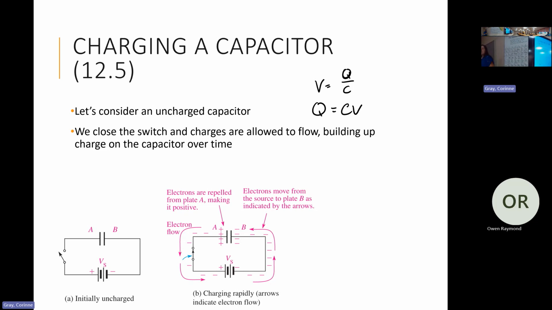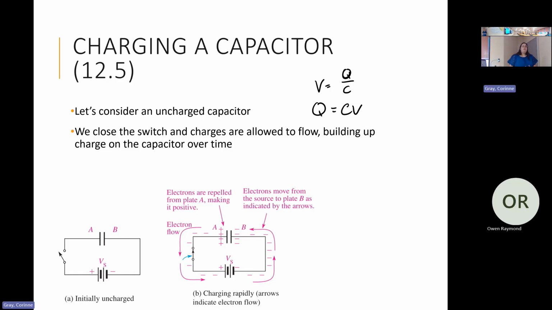Because charge has to be conserved, we have positive on one plate and negative on the other. If we were to sum those up, it would sum to 0. Every negative charge I've pulled off of the left plate A is now on the right plate B.